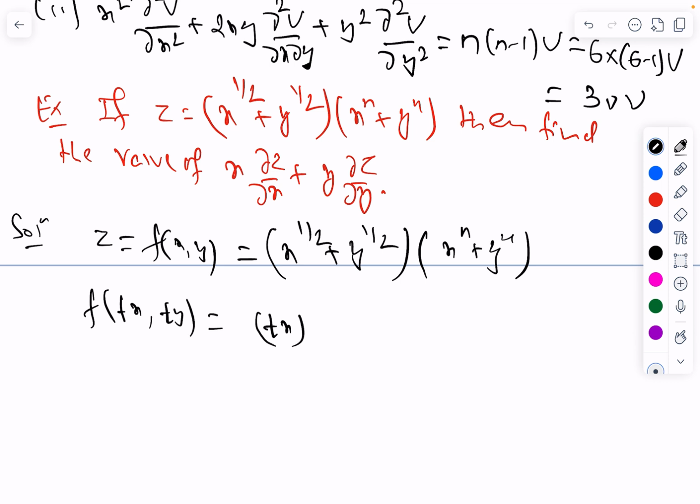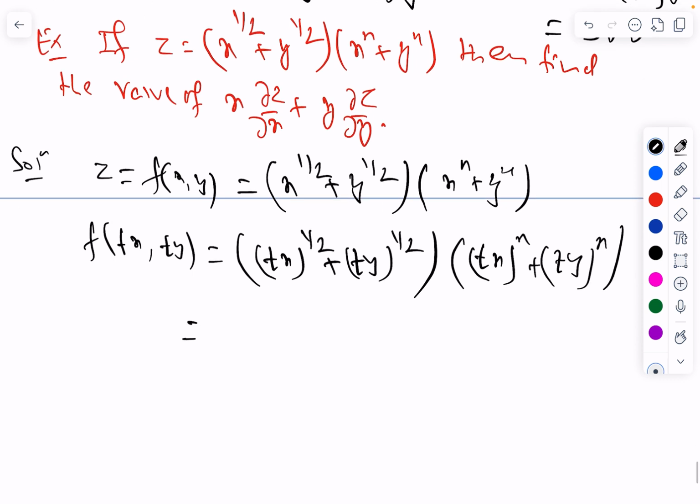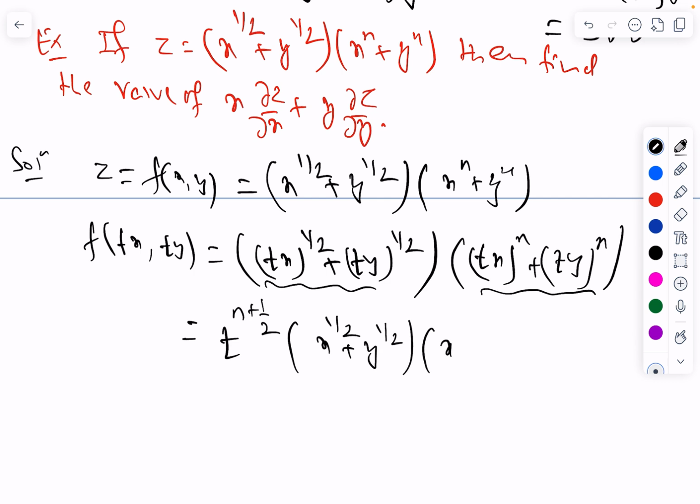So this is ((tx)^(1/2) + (ty)^(1/2)) ((tx)ⁿ + (ty)ⁿ). So here we take outside t^(1/2) and here tⁿ. So here t^(n + 1/2) (x^(1/2) + y^(1/2)) (xⁿ + yⁿ).